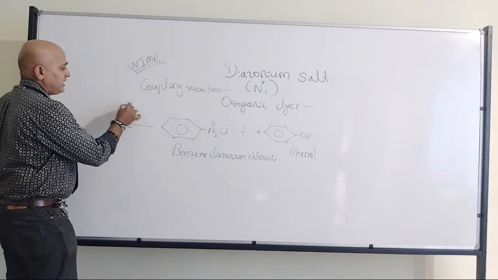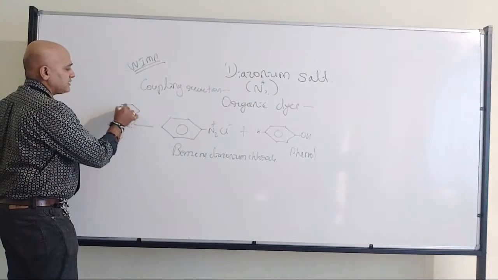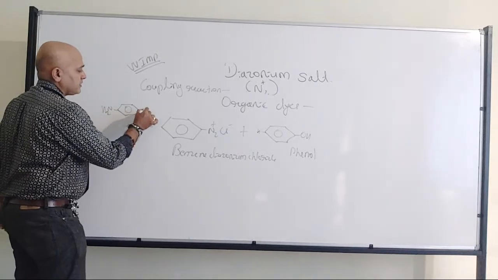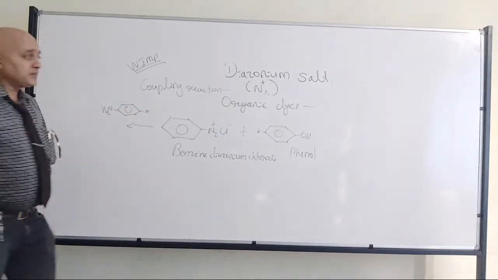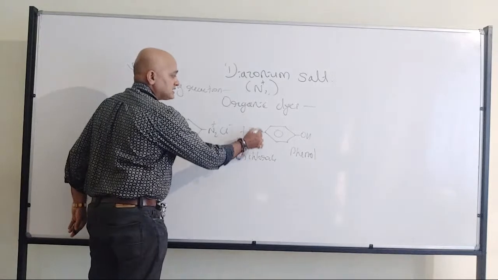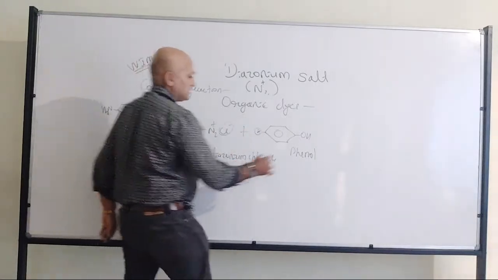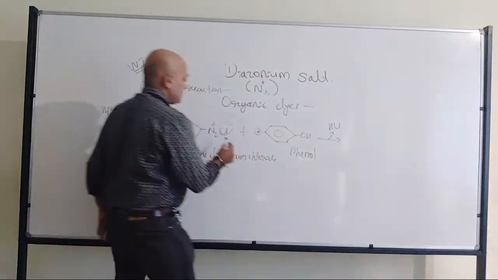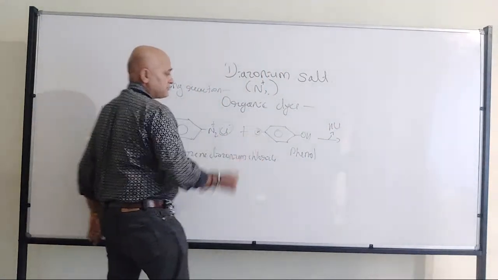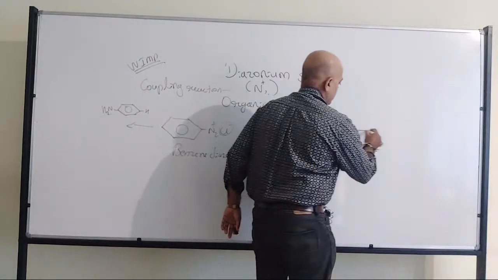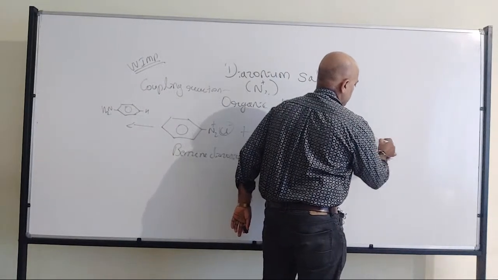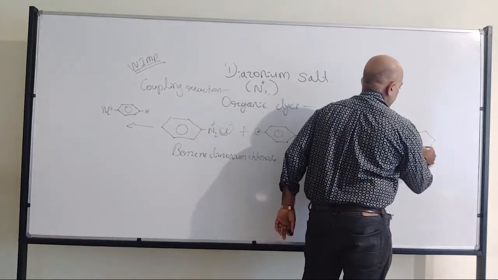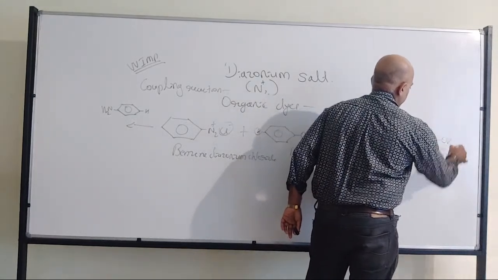In another way, it can be treated with aniline. Okay. Fine. Now, this H and this Cl minus will be released as HCl, and this nitrogen will be attached to this carbon. N double bond N, OH.